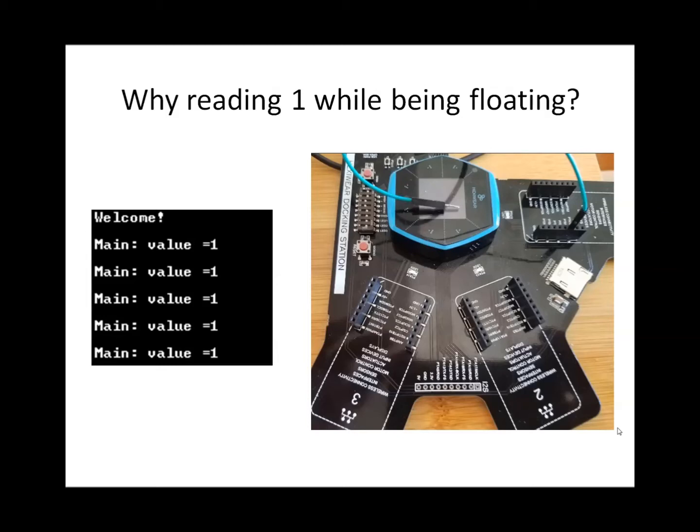It's not connected. Why is it 1? I just started, I just pressed reset. So what do you think? Do you get the question? I am reading in the main loop the value on this pin, and it keeps reading 1, 1, 1. 1 is like high voltage. Why is it 1?